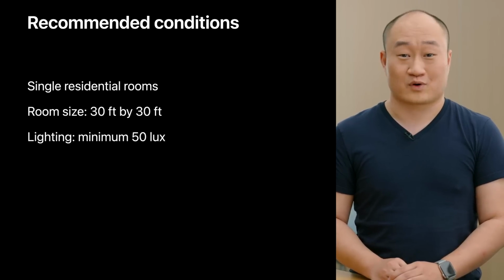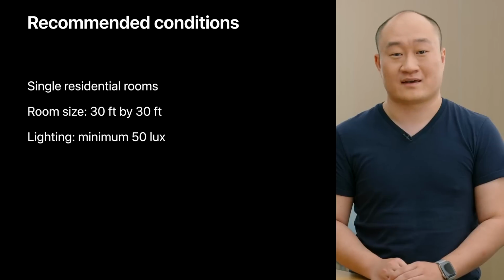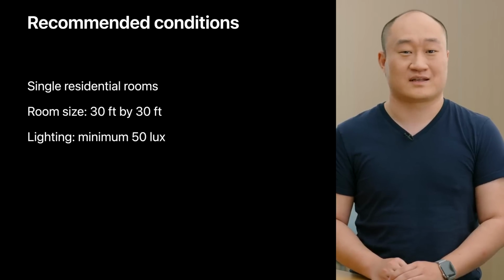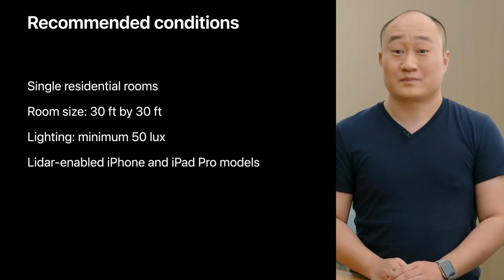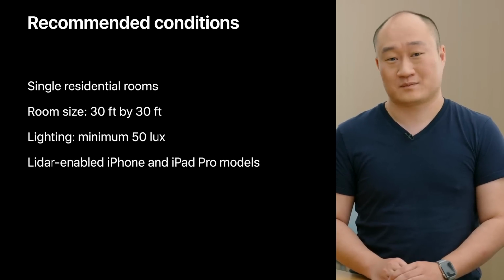Lighting is also important for the API to get a clear video stream and good AR tracking performance. A minimum of 50 lux or higher is recommended for using the API, which is typical for a family living room at night. For the hardware, RoomPlan API is supported on all LiDAR-enabled iPhone and iPad Pro models.